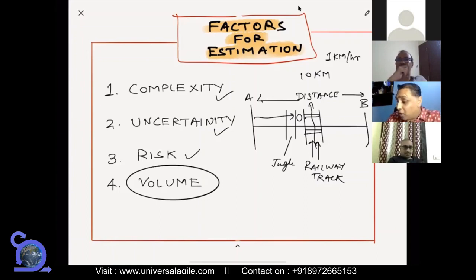But if the train comes and the door is closed, now it is uncertain for you. You don't even know when this train will come and when it will pass. You have to stop at the barrier gate. Another thing is that rain might bring you complexity, but you don't know when it will stop. So that rain example can bring complexity as well as uncertainty at the same time. Clear, Santosh? Thank you. Awesome. Fantastic.